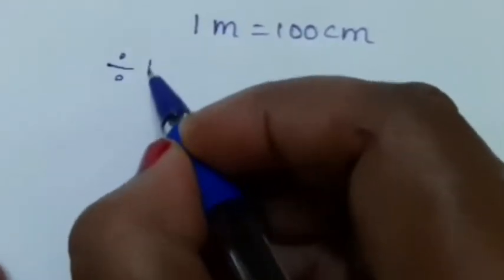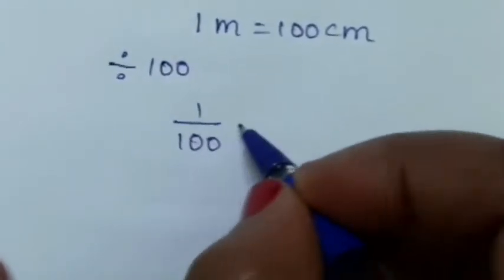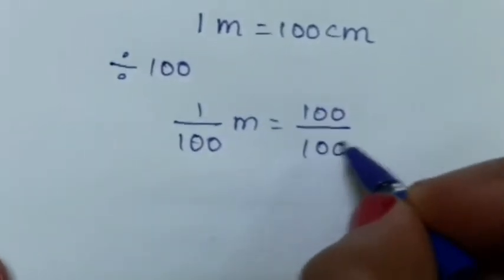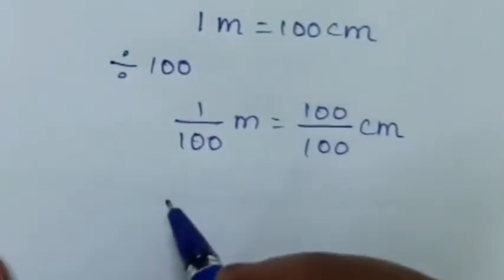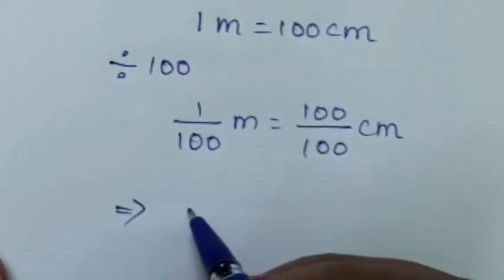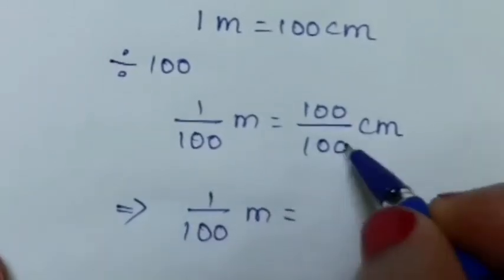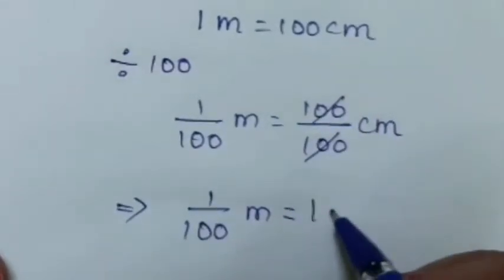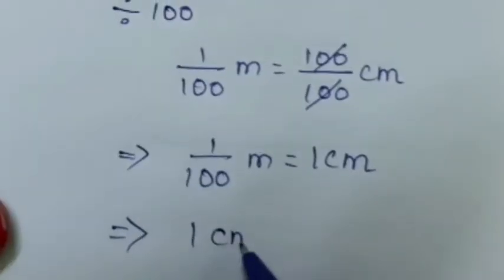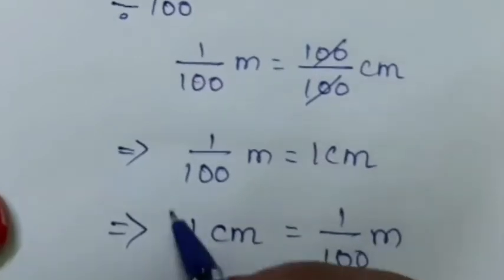Dividing by 100 on both the sides, 1 by 100 meter is equal to 100 by 100 centimeter. By cancelling 100 by 100, 1 by 100 meter is equal to 1 centimeter. From this we can say that 1 centimeter is equal to 1 by 100 meter.